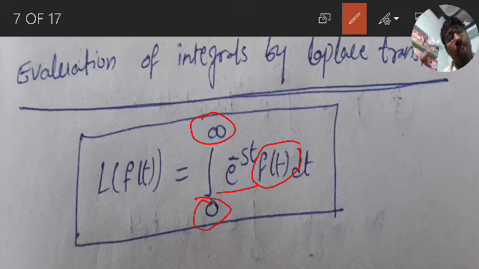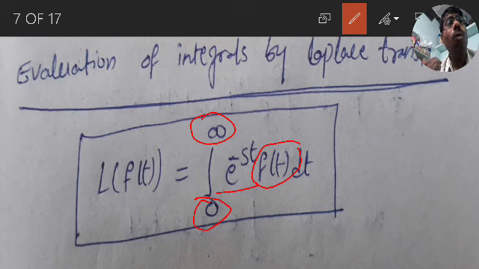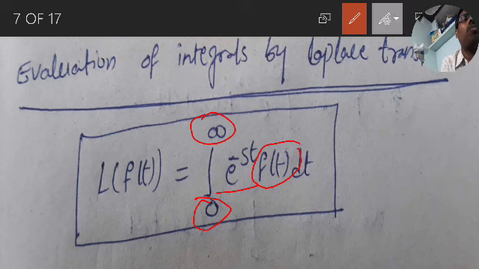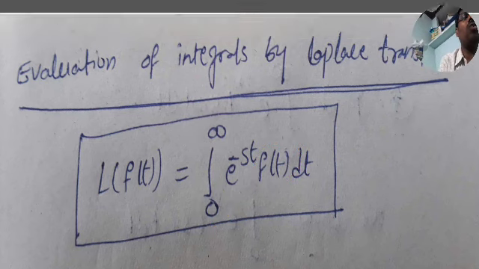Look at this very carefully. L of f of t is the integration with limits 0 to infinity, and the integrand is the exponential e to the power of minus st into a function of t, that is f of t dt. Only such integrals can we calculate.